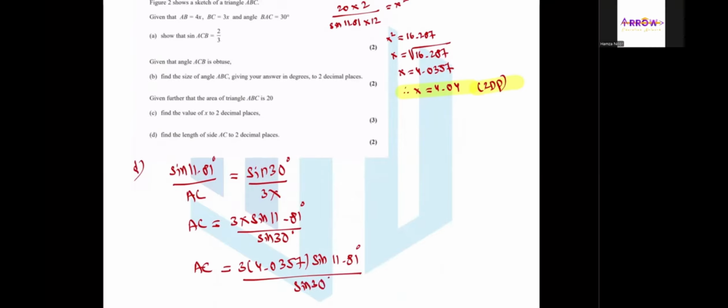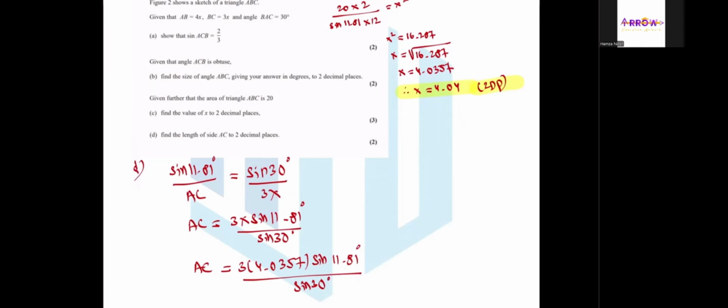Just put this in your calculator: 3 multiplied by 4.0357 multiplied by sine 11.81, and then divided by sine 30.